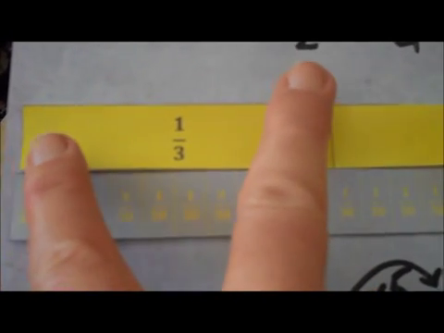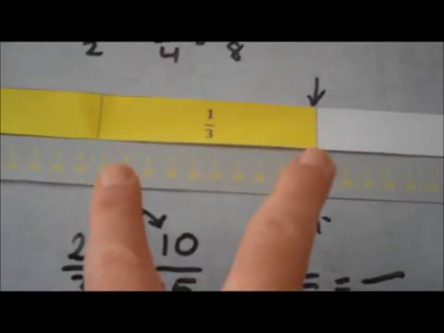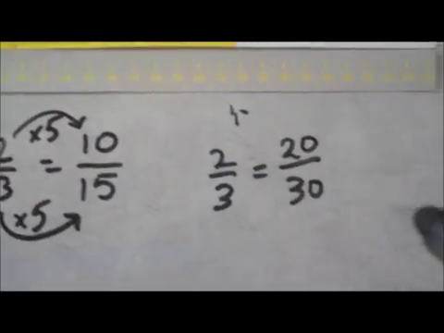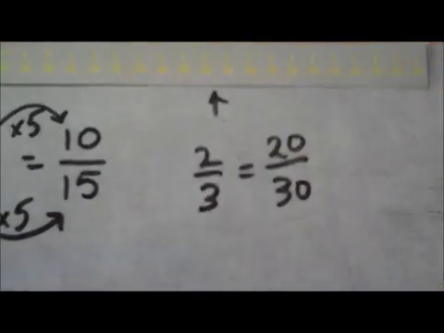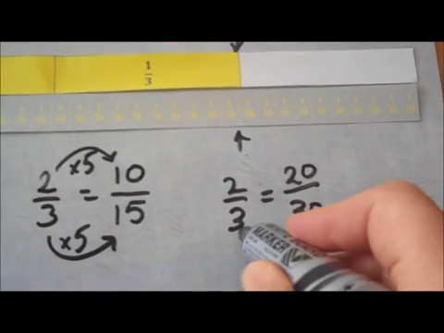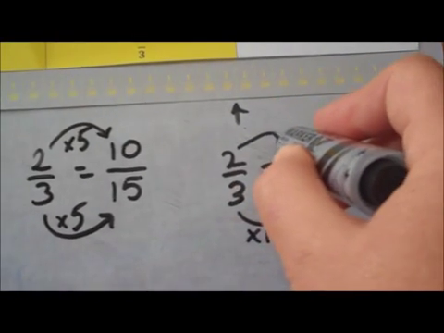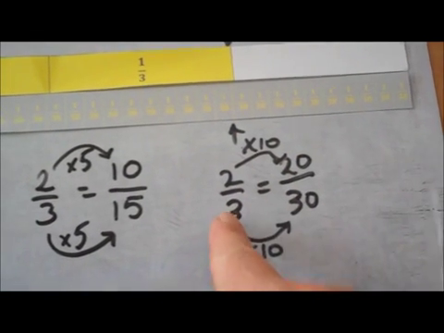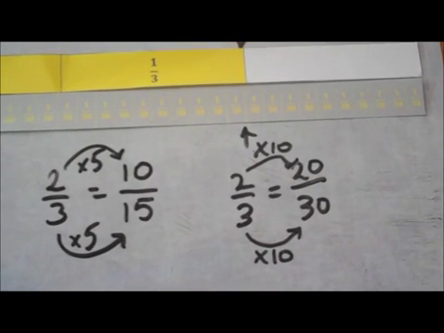So each of these thirds is 10 30ths. So I would have another 10 here, a total of 20 30ths. That's the marker right there. So 20 30ths. So what happened to that? Well, it was a factor of 10 that I did, wasn't it? 2 times 10 is 20, 3 times 10 is 30. So they are also equivalent fractions.